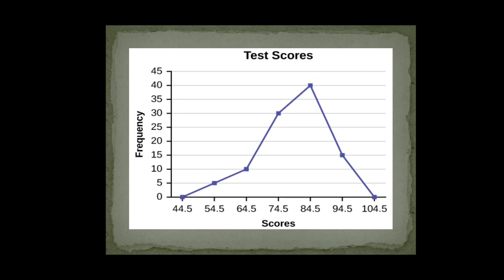Note that we will also mark the previous and next mid values to start and end the polygon at zero frequency. That is, we plot 44.5 and 104.5 on the x-axis as well.